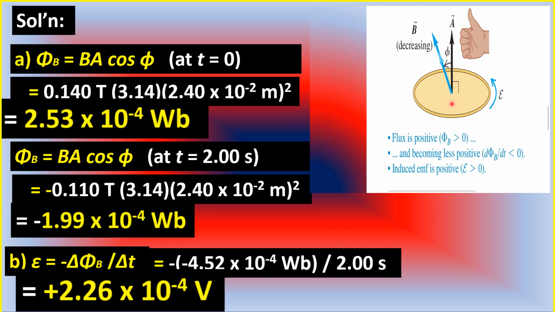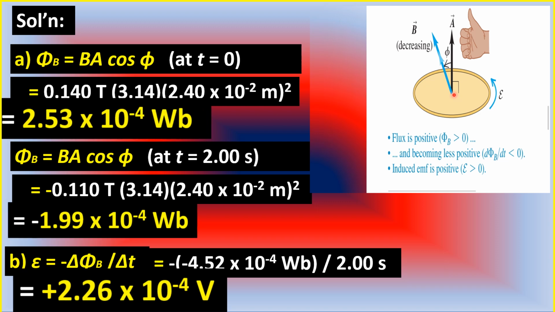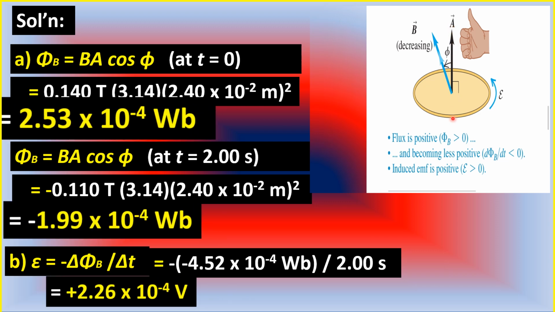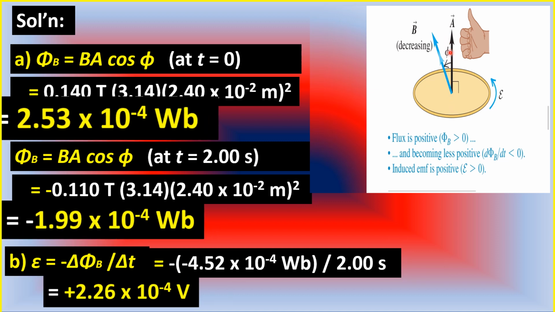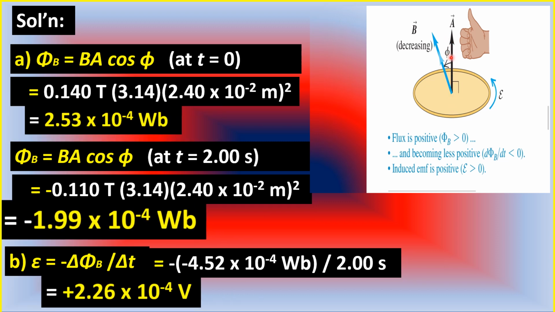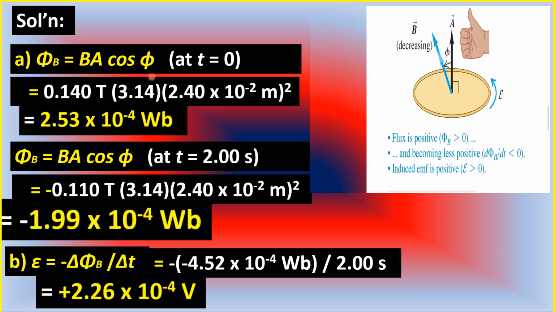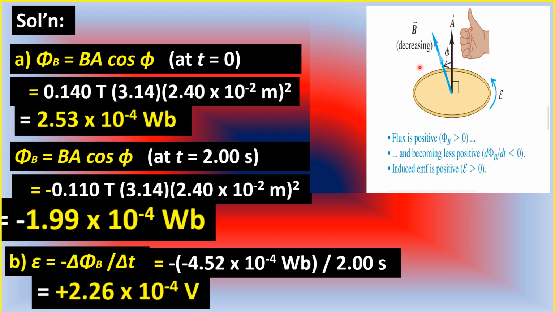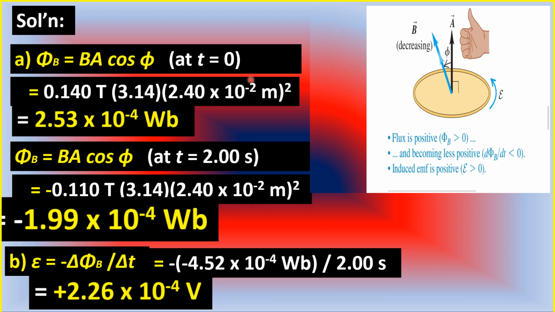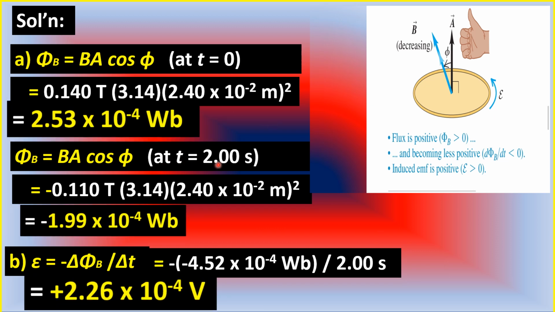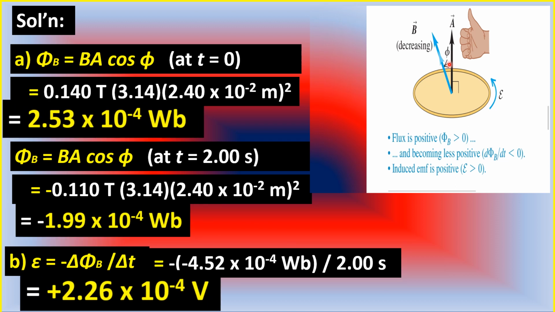And the area vector, capital A, is also directed towards the positive z-axis. That angle phi, which we use in our computation, happens to be equal to 0 degrees at time equals 0, and at time equals 2 seconds, this has changed to 180 degrees.